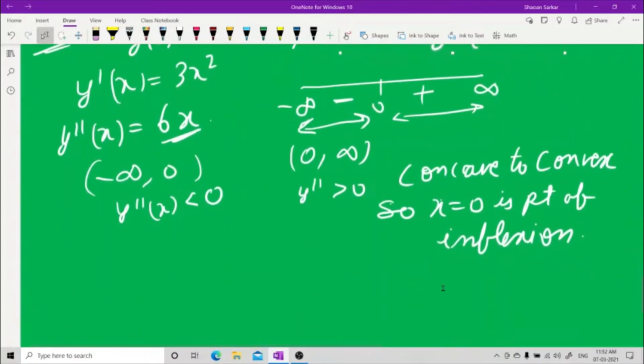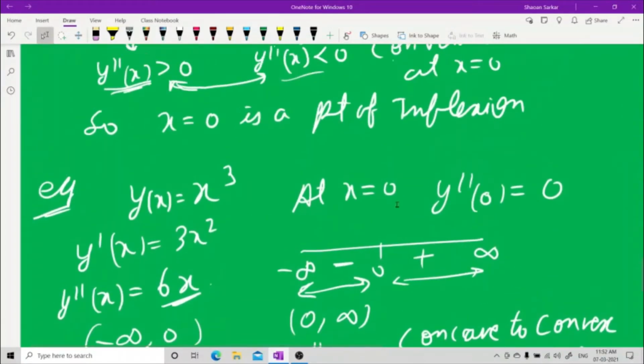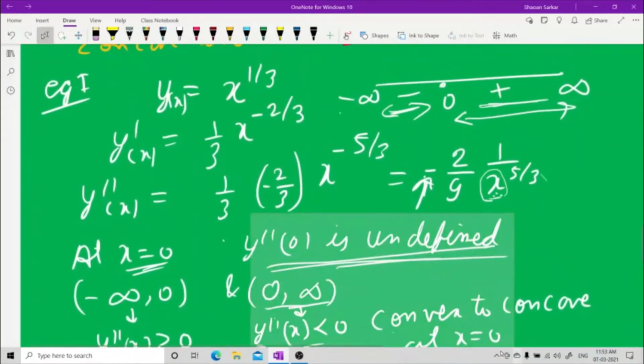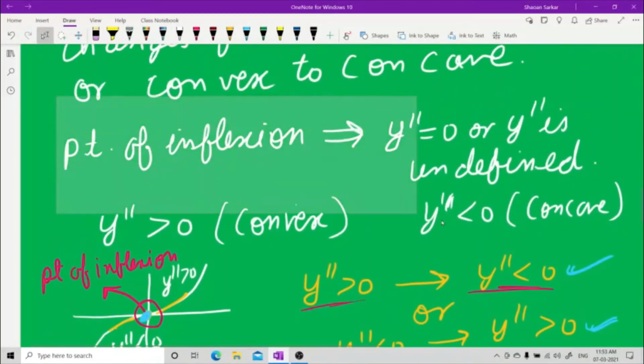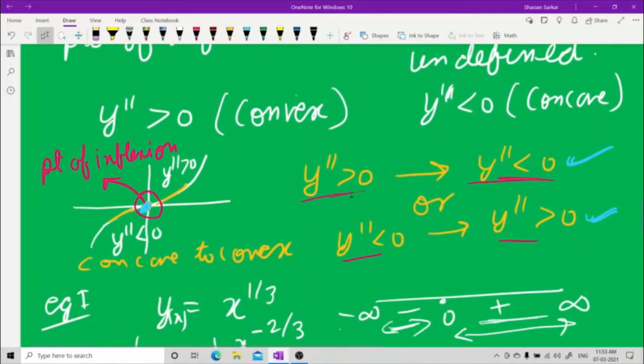So point of inflection means either y double dash at that point is 0, or y double dash is undefined. What I have written here, जो मैंने लिखा है यहाँ पे, point of inflection means this, not the other way around. Basically, it changes from convex to concave, and this is from concave to convex.